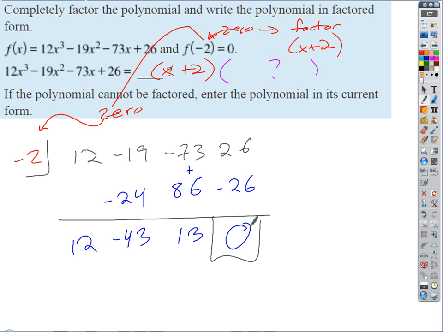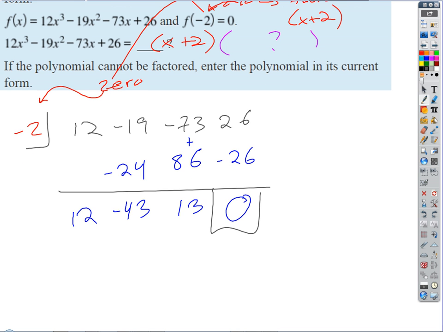So what's that tell us then? What's the other factor going to be? We know one factor is x plus 2. What's the other factor? It's right there, isn't it? How do we interpret that? Those are the coefficients, right? So that 12 is the coefficient of what in this case? x squared minus 43x plus 13, right?